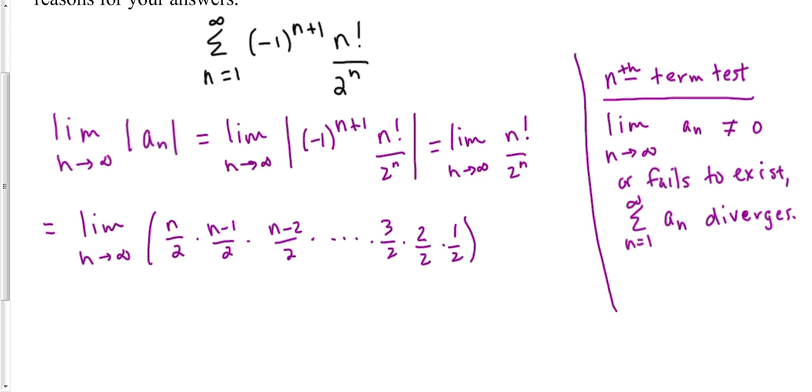I can do this because there are n factors of 2 in the denominator and there are n terms in n factorial, so I can put each term of that n factorial and divide it by 2.